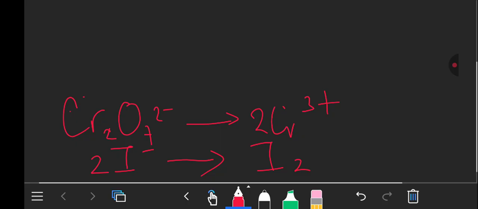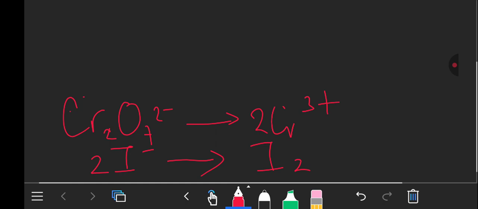The first thing to understand is that whenever you're balancing oxygen in a redox reaction, you add water to the other side of the equation. Then to balance hydrogen in a redox reaction, you add hydrogen ion. If you're able to do that, then you're home and dry.